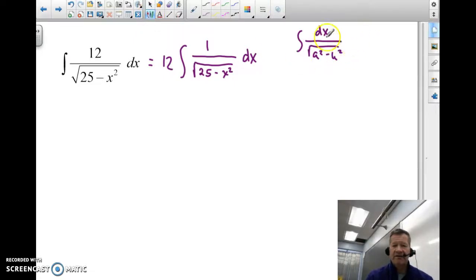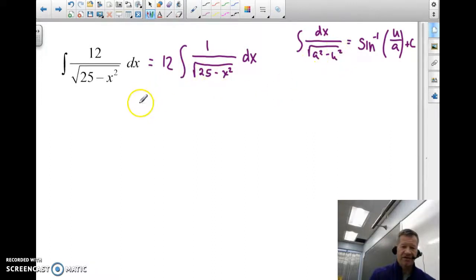All right, so now the integral of dx over the square root of a squared minus u squared, where u is a function of x, is defined as the inverse sine of u over a, and then of course plus c.